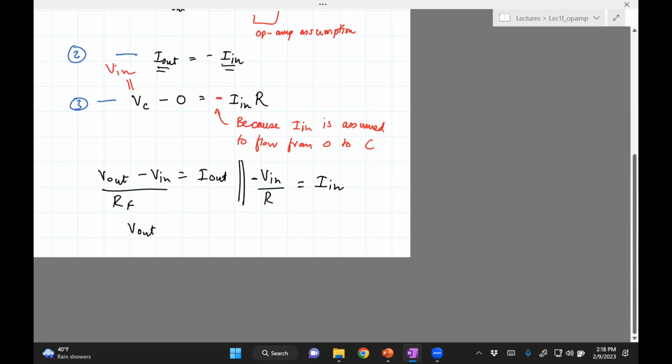V_out minus V_in divided by RF equals negative of I_in, which is V_in divided by R, from 1 and 3.